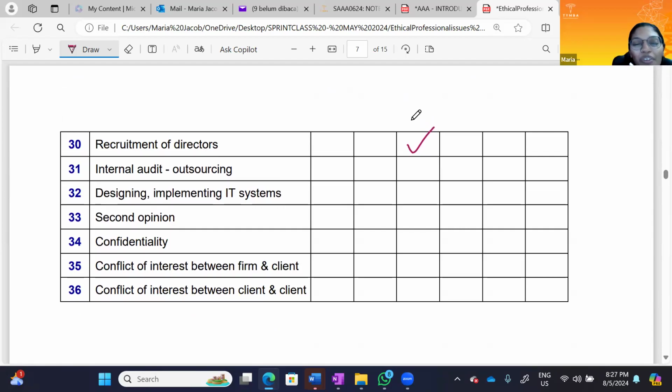If we provide internal audit services, it means we will come back and review those internal audit services, a self-review threat. In that case, we might not be so critical or skeptical about the things that are being designed because we are the ones who designed them.